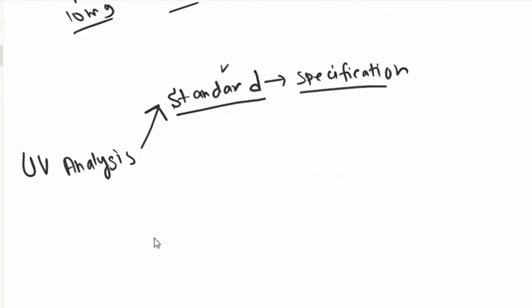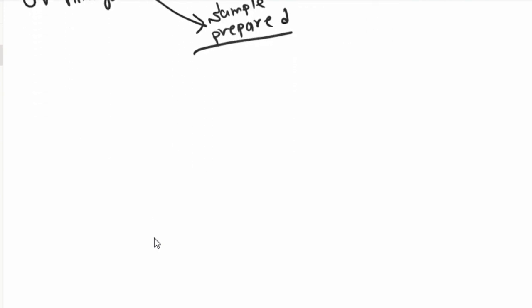First you need to know about the standard, then you need to know how the sample is prepared. I will show you how the UV analysis of nortriptyline can be carried out, starting with standard preparation.